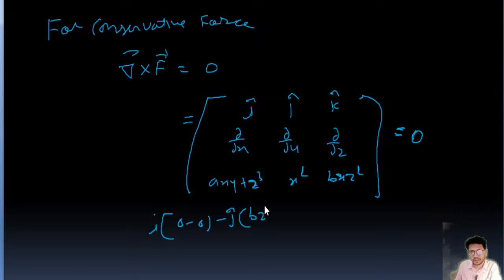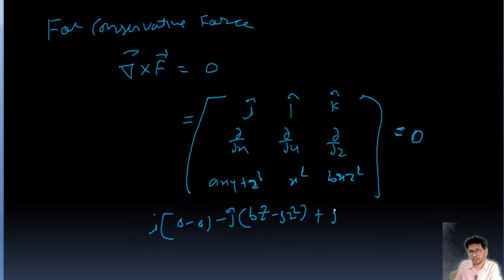bz square minus 3z square. Okay, this one, right? This is x, right? B z square, and this one is for z, z cube, 3z square. So it is going to be 0.